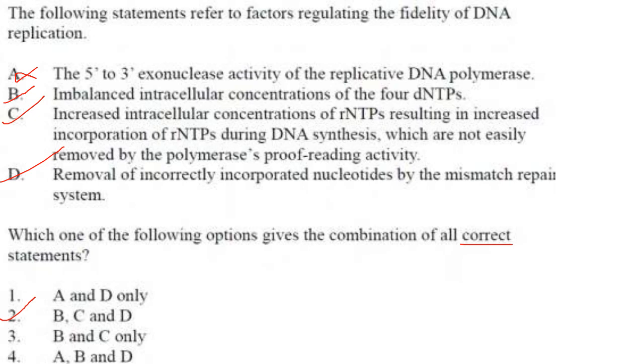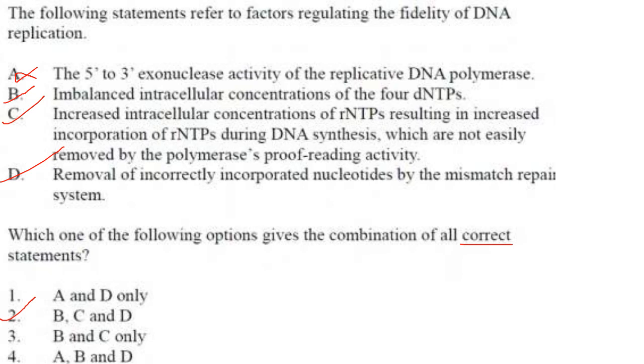Then next one. The following statements refer to factors regulating the fidelity of DNA replication. Which of the following options gives the combination of all correct statements? The 5' to 3' exonuclease activity of the replicative DNA polymerase. That is not correct because the replicative DNA polymerase is DNA polymerase 3 and it does not have 5' to 3' exonuclease activity. Then next one.